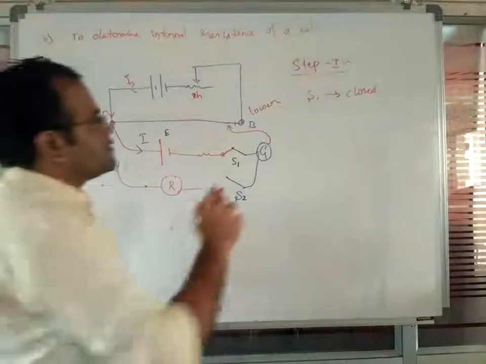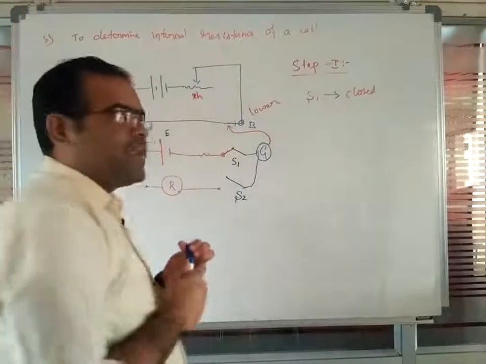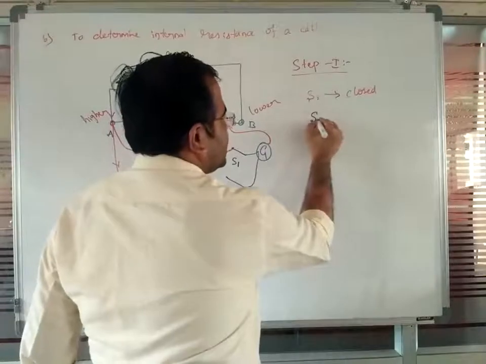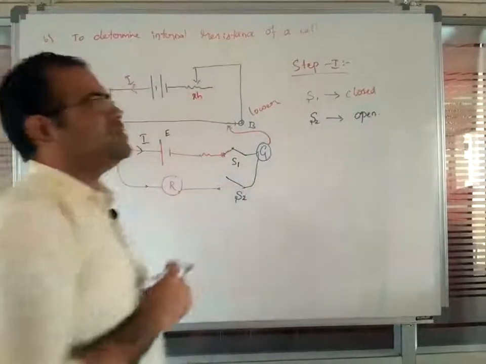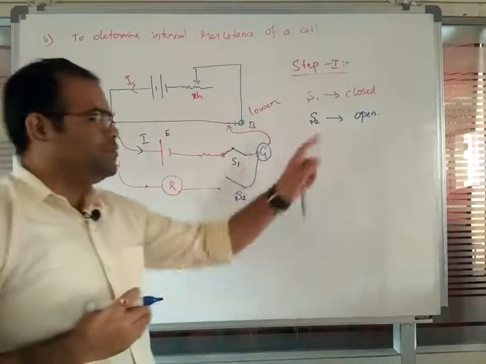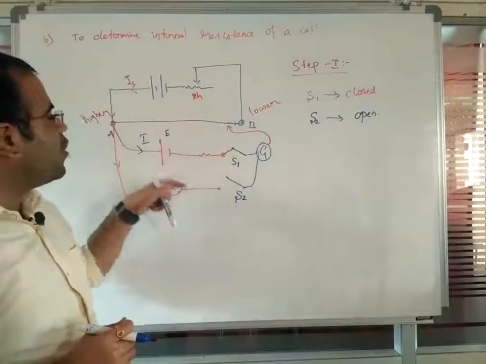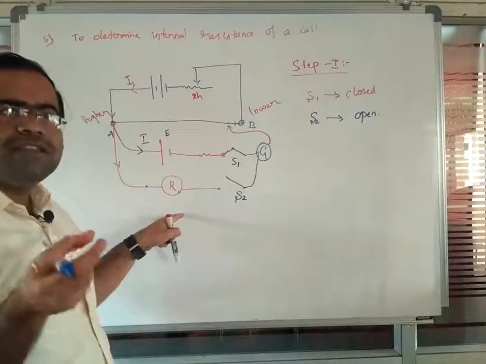So in the first step, that is the reason we have taken S1 as closed, and the second switch S2 is in the open state. So we are not drawing any electric current through this resistor.